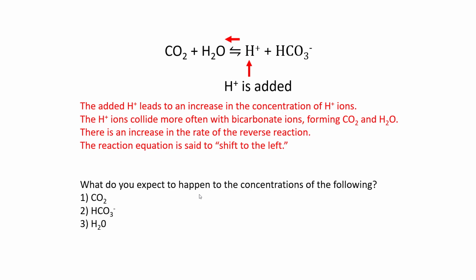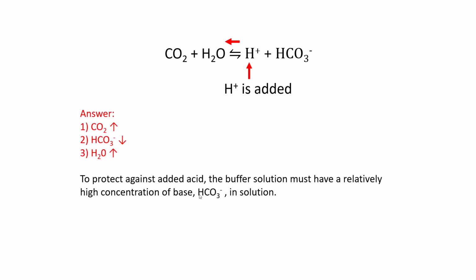Go ahead and pause again if you want to think about it and try and answer. Okay, so the answer is that if you're now favoring the backward reaction, and the backward reaction rate is greater than the forward reaction rate, then the amount of CO2 should increase, the amount of water should increase, and the amount of bicarbonate would decrease.